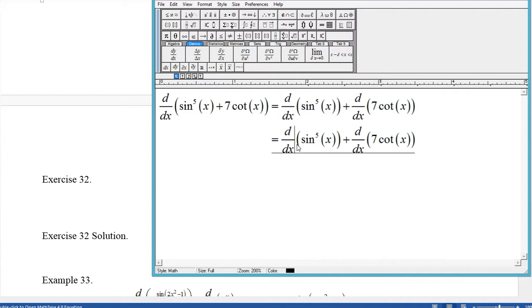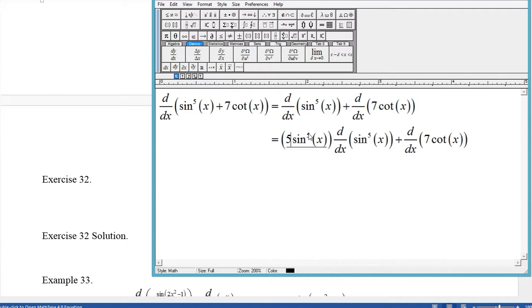So what we get is 5 times u to the 4th power, and then we have just the derivative of the u. Plus, the 7 we could bring out front.